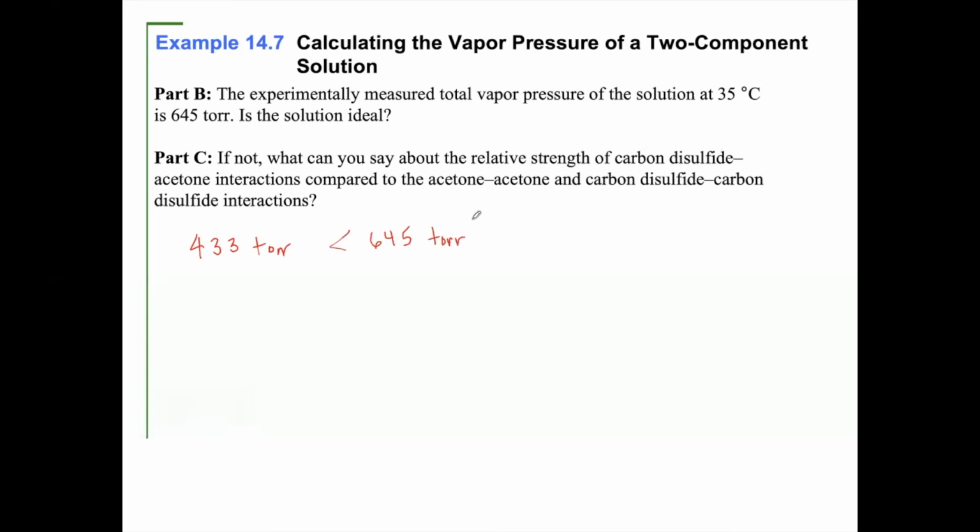So what's going on here? Why is the actual vapor pressure of the solution much higher than predicted? We have to think of this in terms of intermolecular forces.